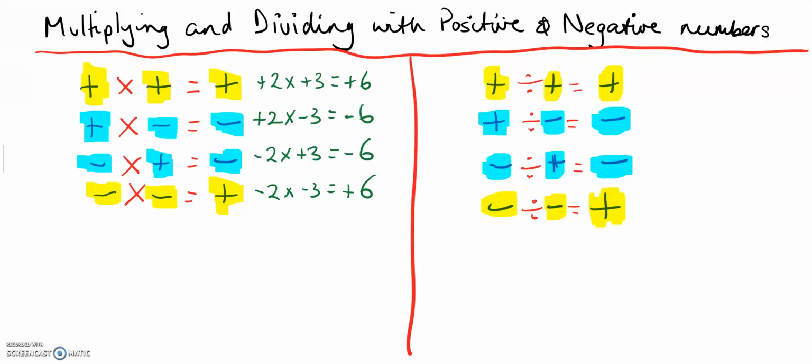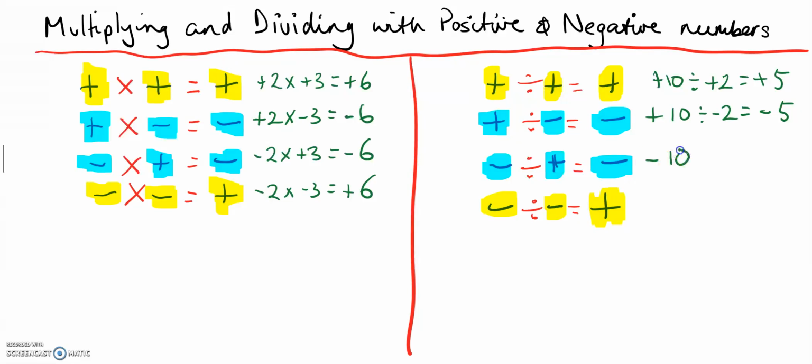So if we wanted to look at some examples here, let's say we did positive 10 divided by positive 2. 10 divided by 2 is positive 5. Positive 10 divided by negative 2 will give us 10 divided by 2 is 5, and the positive and the negative will make us a negative.